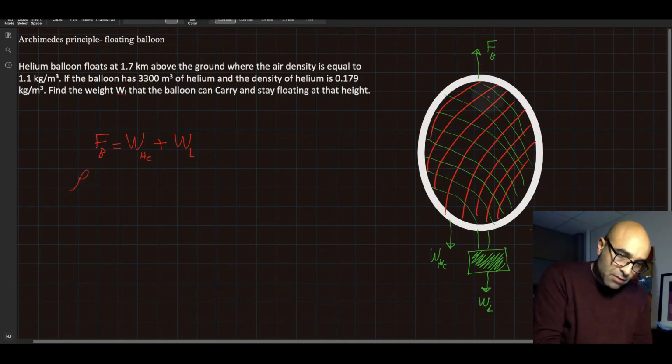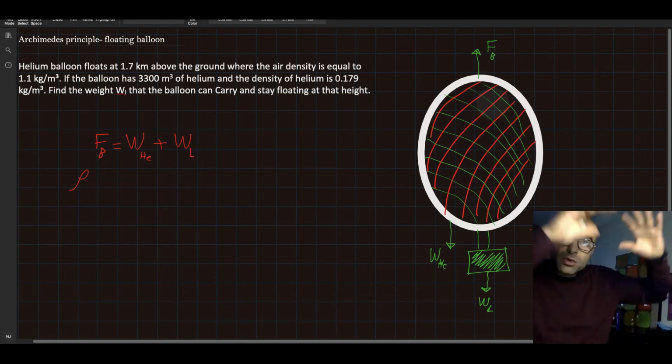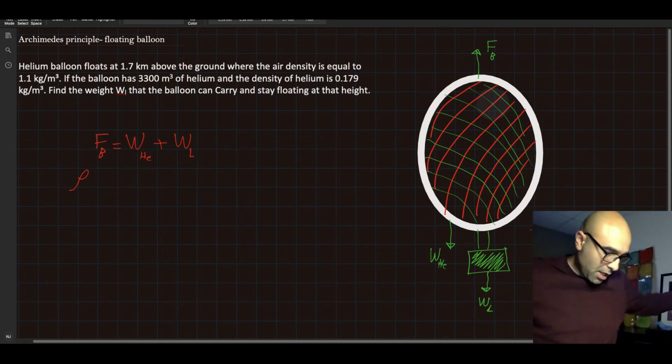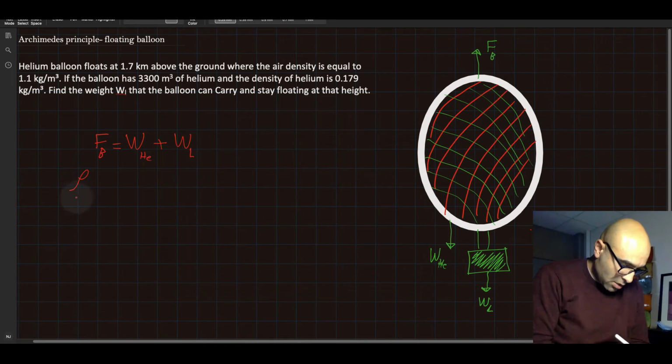Basically, the displaced fluid is air, because when the balloon exists in the atmosphere, it is going to displace air. So it's going to be the density of air times the volume of air times gravity, and that would be equal to the weight of the helium plus the load.